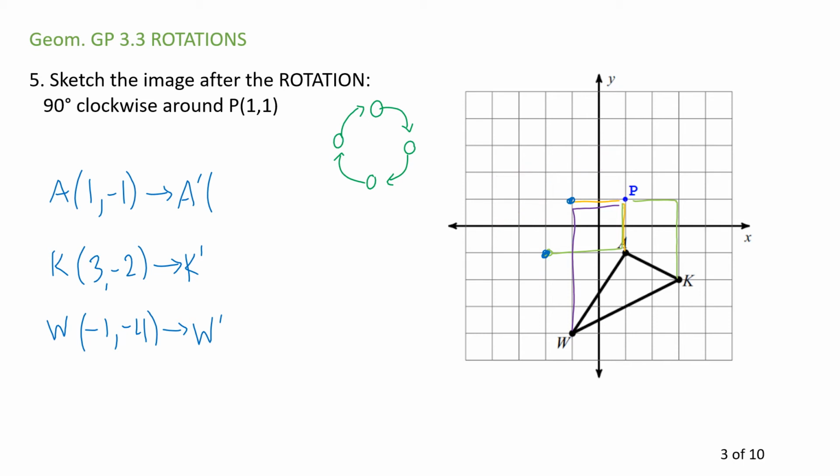Don't want to clutter up my picture. So my new W is going to be up 2 and back, it looks like 5. One, 2, 3, 4, 5. And there it is, W.